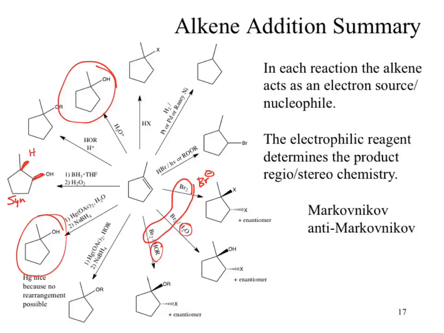Does that work for all halogens? Yes, which is interesting, because I show X all the way through it, but I don't show X for the bromines. I don't know why that's the case. But that will work for all of your halogens, chlorine and iodine. Bromine is typically more often used just because its chemistry is a little more controllable.